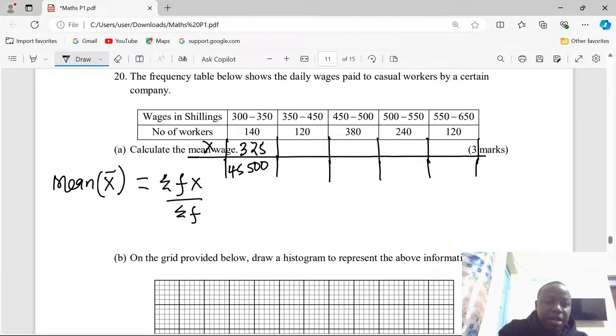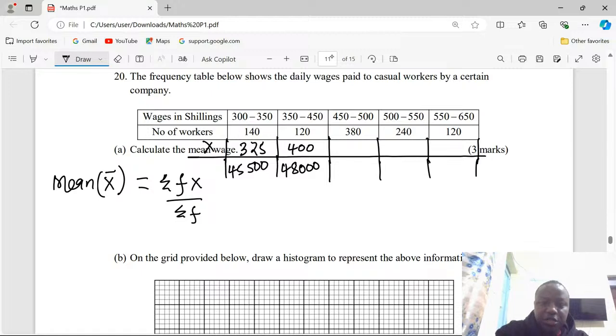The other midpoint, when I take 350 and 450, then divide by 2, I'm getting exactly 400. So 400 by 120, the frequency there, I'm getting 48,000.